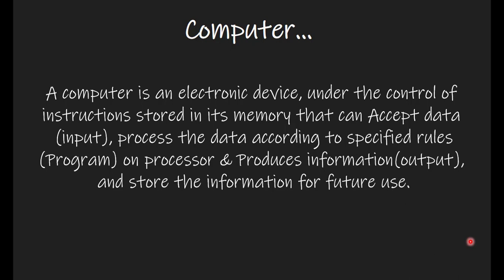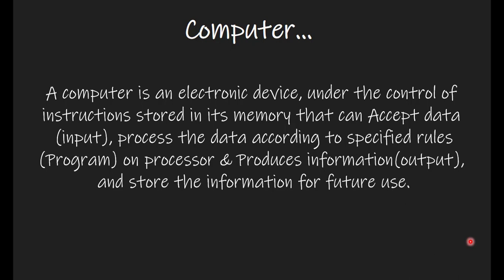We have already stored some command or instruction in the memory of the computer that you have to do addition when the plus symbol is given to you. And also the computer may need to store information for future use in memory. So this is the formal definition of a computer which is shown on the screen.